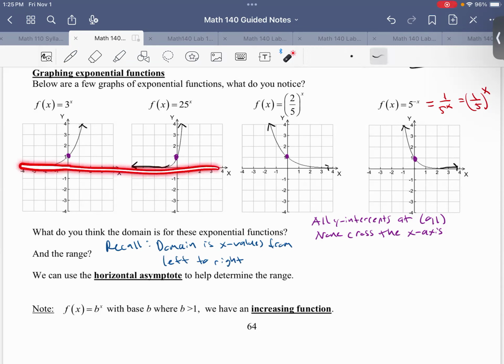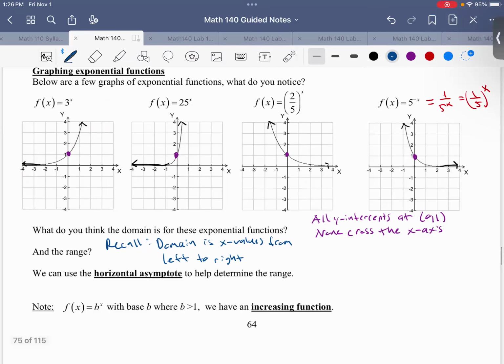Domain is all the x values we are attaining for a function from left to right. So in this domain, we're going off to negative infinity this way, and we're going off to infinity that way. We're never stopping. Nothing is a barrier for us. So all the x values that we're going to have in any one of these exponential functions is going to be all real numbers. So really, the domain for these exponential functions is just negative infinity to infinity.